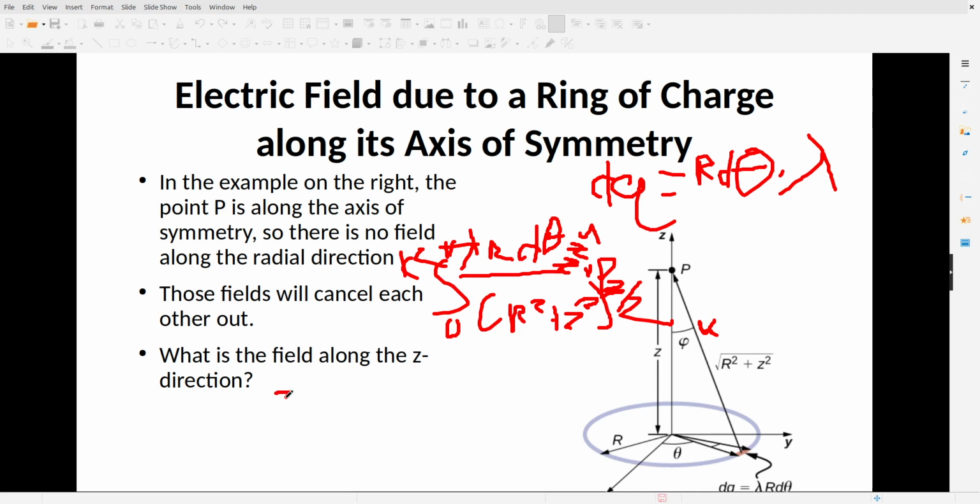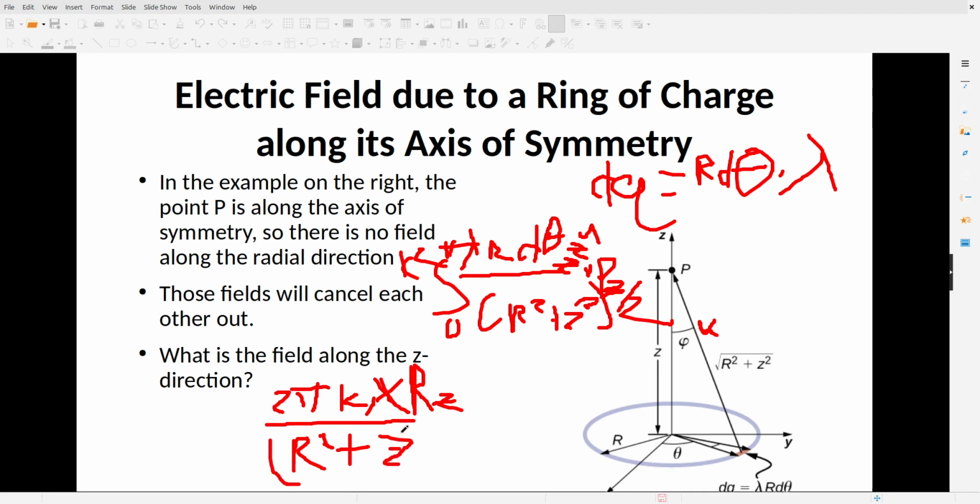So this is just 2 pi k lambda r, all over r z, all over r squared plus z squared to the 3/2 in the z hat direction. Again, it's an easy integral once you set it up.